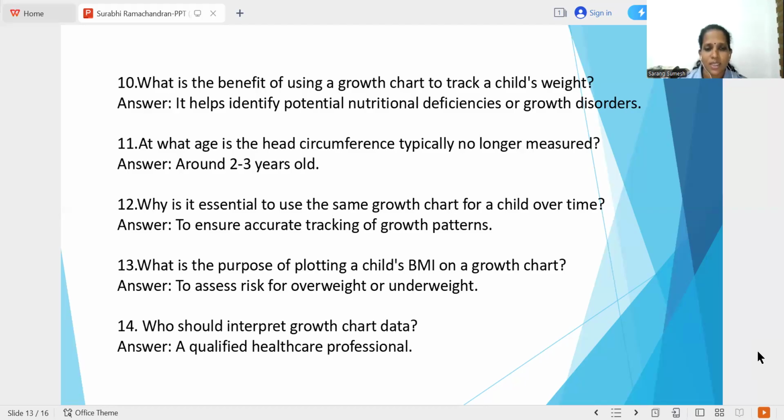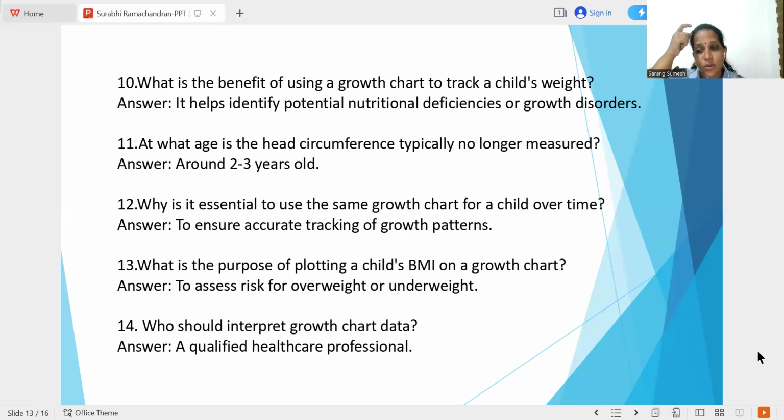At what age is the head circumference typically no longer measured? Around 2 to 3 years of age; after that we are not measuring the head circumference, because the brain bones are already fused and brain growth is already completed.